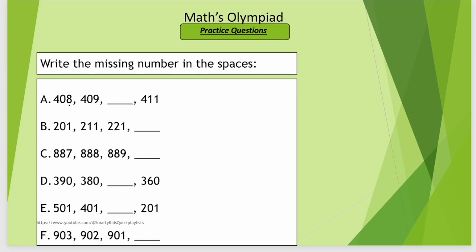408, right? 409 and 411, right? So look at here, it's 408, after 8 comes 409. So just see here, it is like 8, 9, 10 and 11, because what is not changing? 4 is not changing, right? 4, 4, 4.